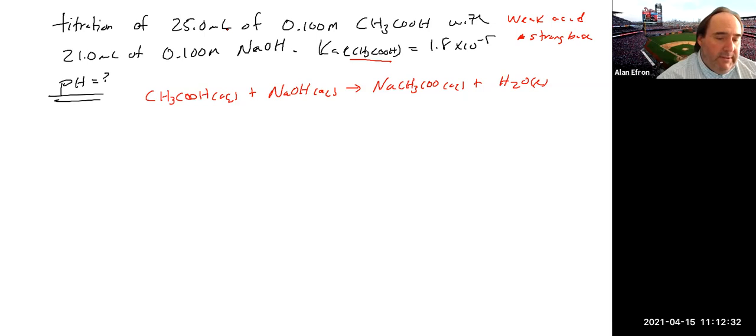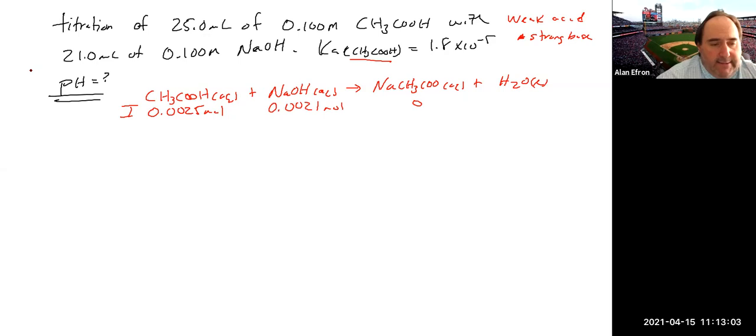We're going to convert our 25 milliliters into liters. That would be 0.025 times 0.1, going to give us an initial moles of 0.0025 moles. And do the same thing with our sodium hydroxide, 0.021, which converts our milliliters into liters, and times it by 0.1 gives us 0.0021 moles of this guy and 0 of that guy.